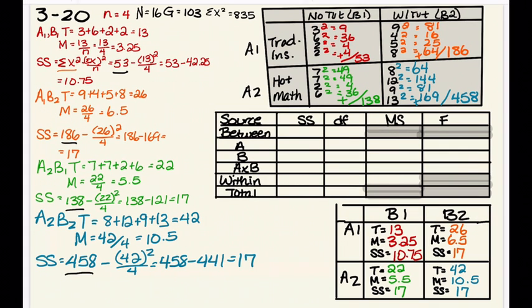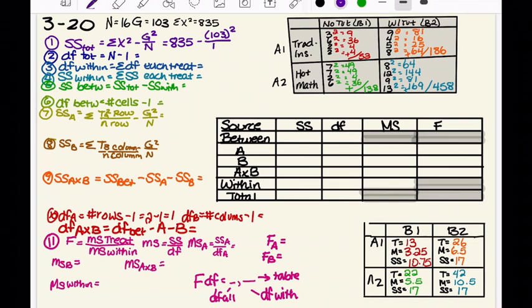We'll use these numbers to calculate our total variability, which is the sum of x squared minus G squared divided by N, and equals 171.94.